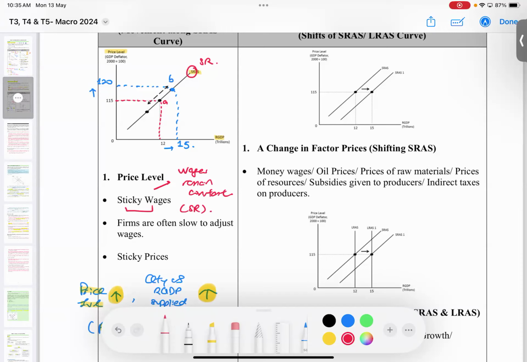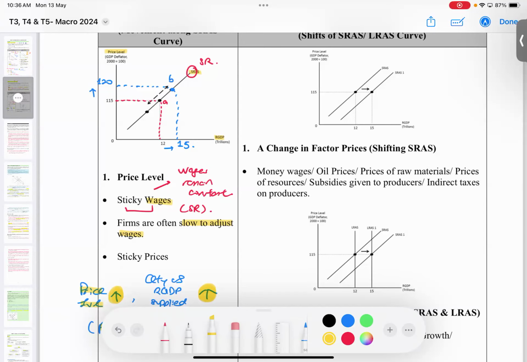So this is why producers can take advantage by asking the workers to produce more when the price level is increasing. Firms are often slow to adjust wages. We call it sticky wages. So this is why you are able to produce more when the price level increases, before the workers come to you and ask for higher wages.